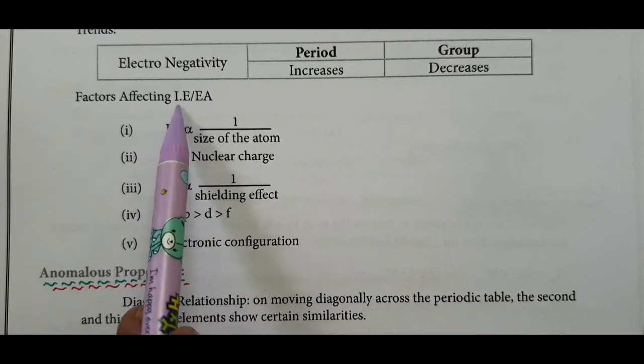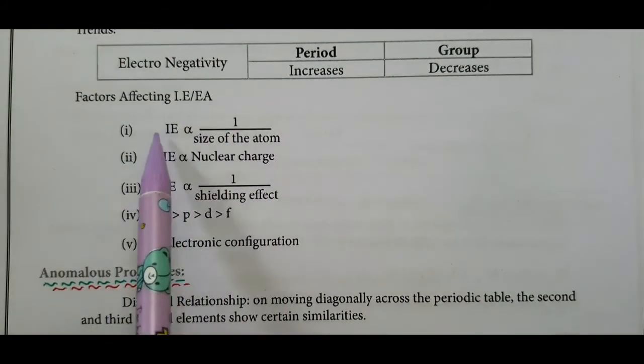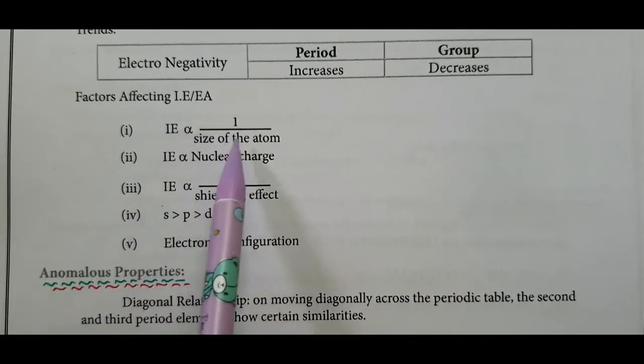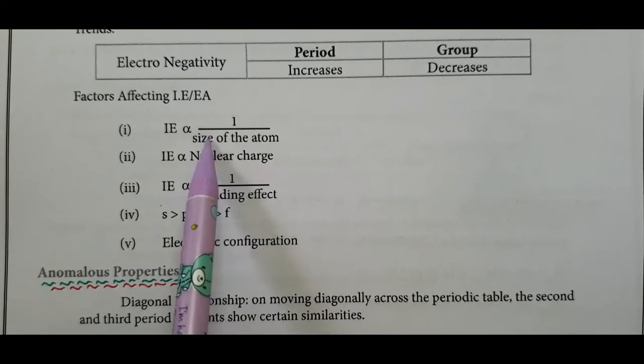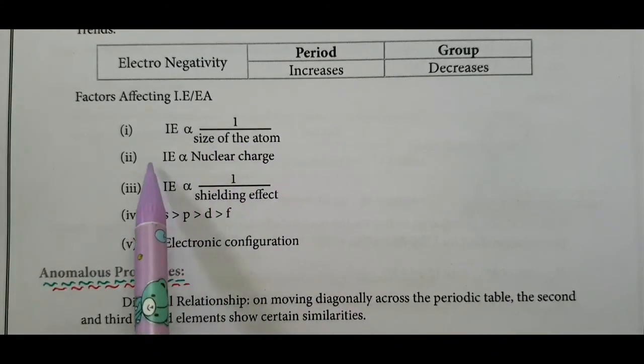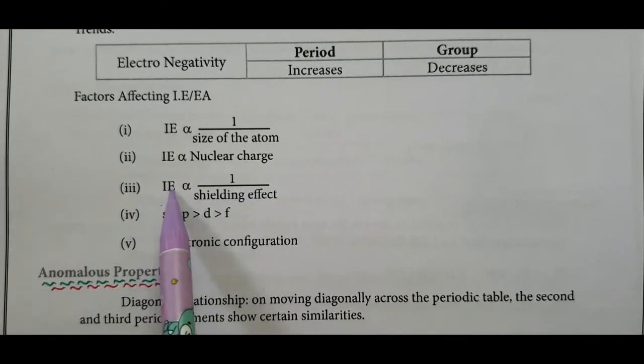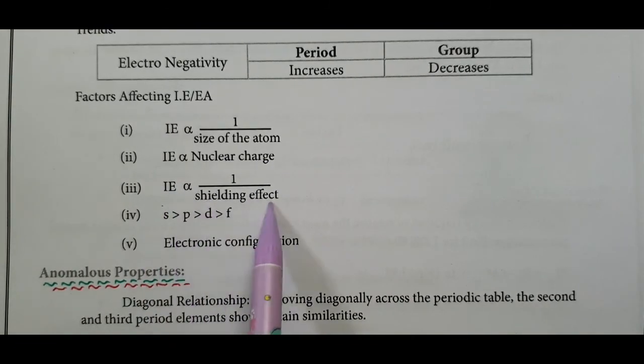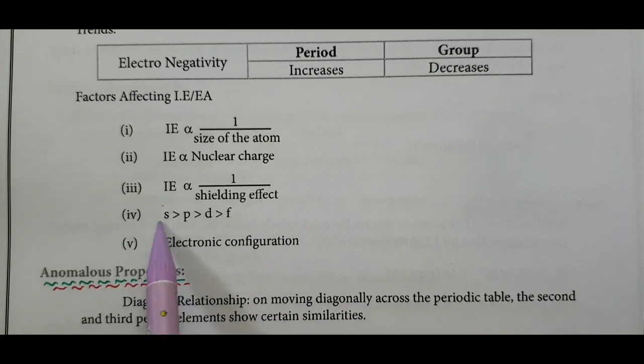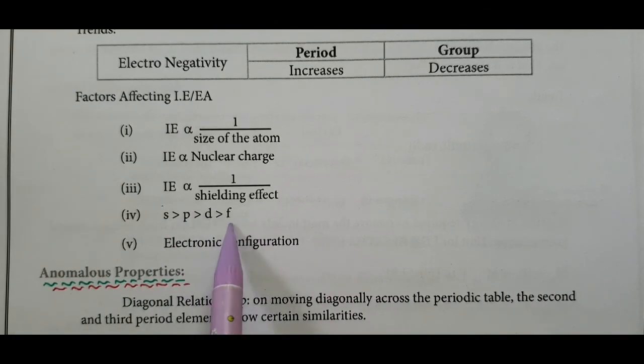Factors affecting ionization energy and electron affinity. Ionization energy and electron affinity are inversely proportional to the atomic size of the atom. Ionization energy is directly proportional to nuclear charge. Ionization energy is inversely proportional to the shielding effect, which is the screening effect. S orbital has more screening effect than P, than D, and F orbital has very poor screening effect.